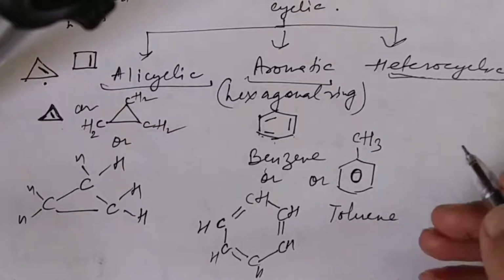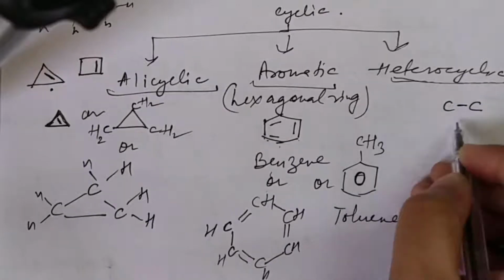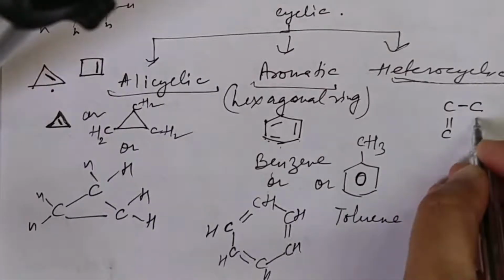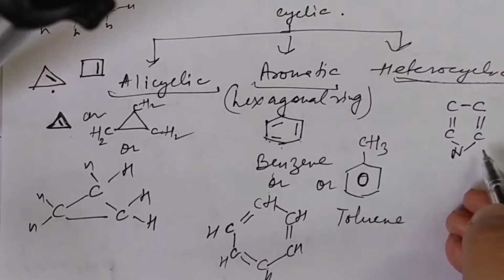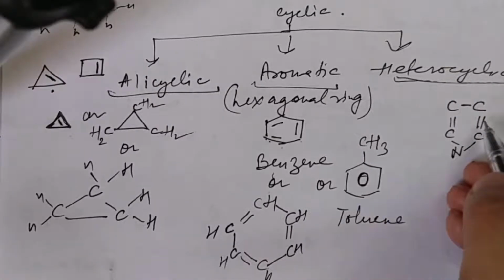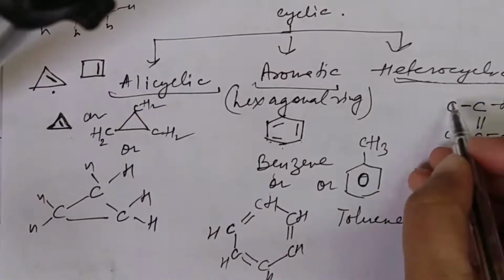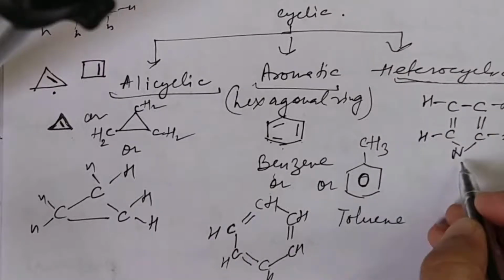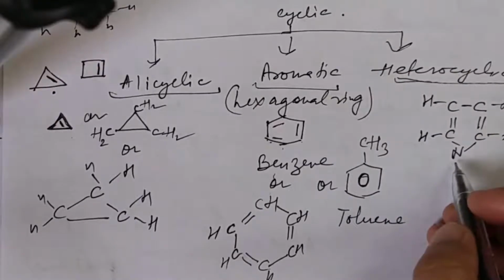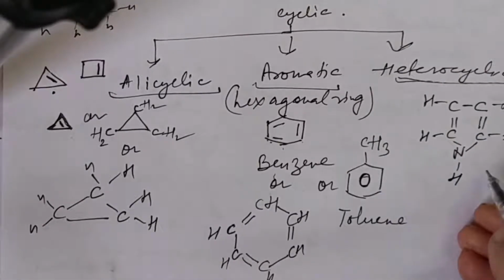Like if we draw this structure, see the example of a heterocyclic compound. We are drawing the chain of carbon atoms, as well as introducing a new atom like nitrogen in this molecule.